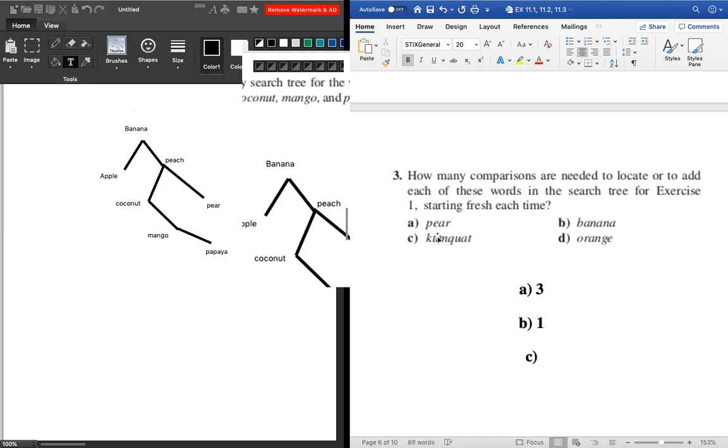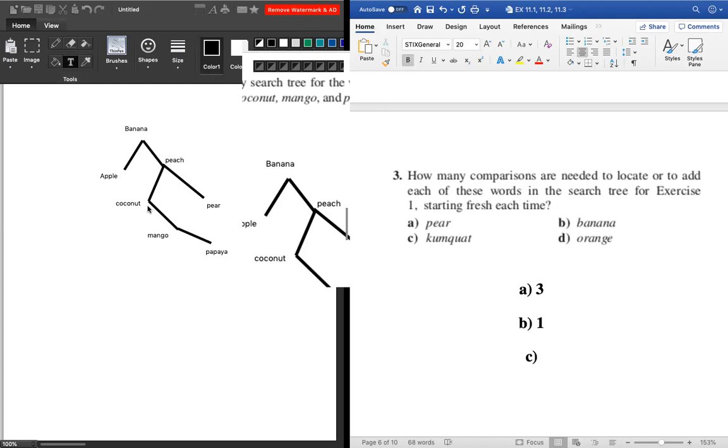Part C. So we have this word kumquat. And we search for this in the tree here. So we have to find how many comparisons are needed here, or if I want to insert this. So first comparison, I will compare it with this word banana here. Now because K comes after B, I will move down to this. Now, this is my second comparison. Is peach kumquat? It's not. Since K comes before P, I'll move down to this. So now we have already done 2.